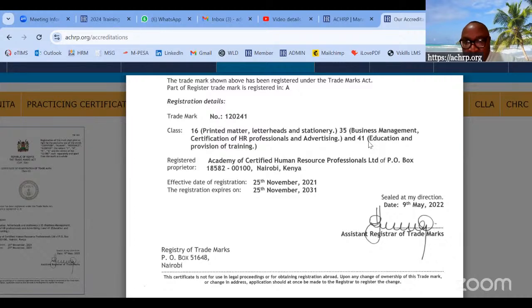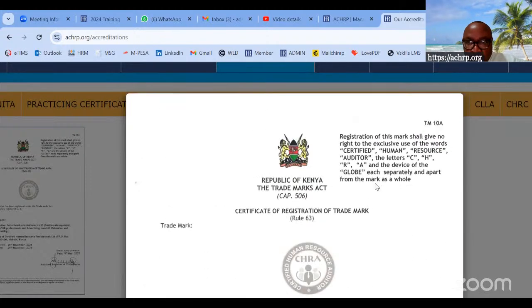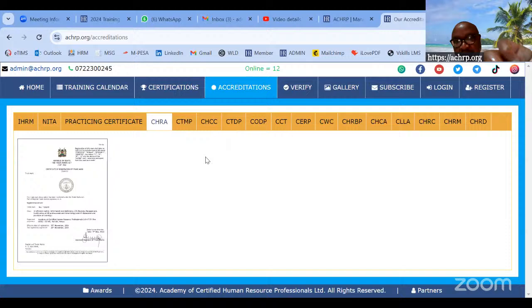And class 41 is education and provision of training, like what you are doing today. As Mr. Odari clearly said, we have 14 registered certification trademarks from CHRA all the way to CHRD.